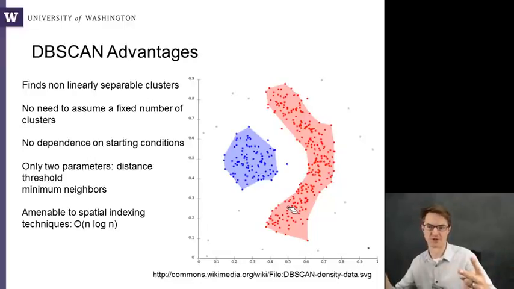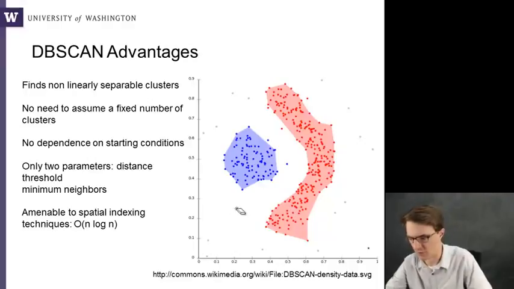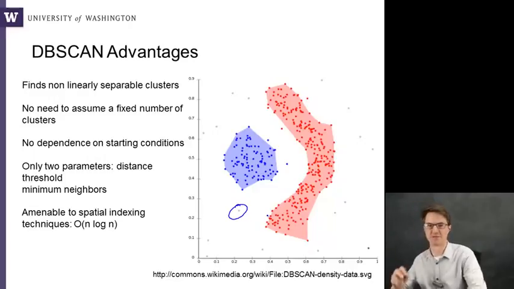There's only two parameters to this. One is this distance threshold epsilon, and the other is a minimum number of neighbors. What this controls is, if I find a point way out here in space that doesn't have any neighbors, or only has a few neighbors, then maybe I just consider that point noise and I ignore it completely. I don't try to put it into any cluster whatsoever.